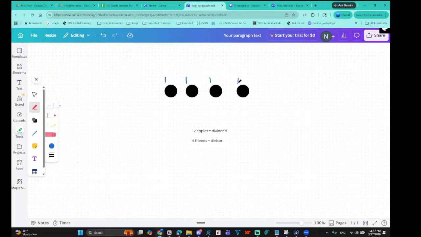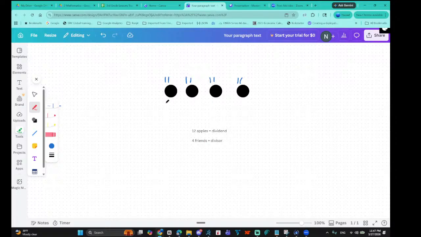And as we reach the end, we'll go back to the first person and then continue our counting. So since this was 4, it'll be 5, 6, 7, 8, and then go back again.